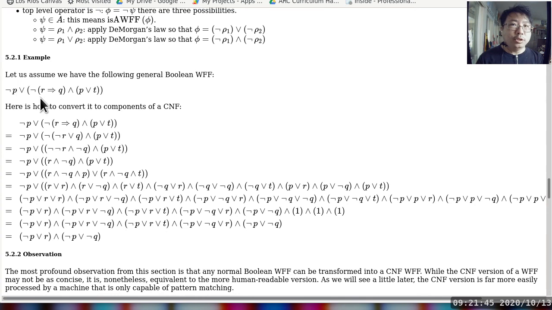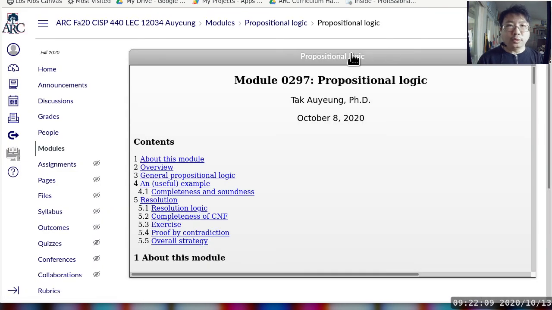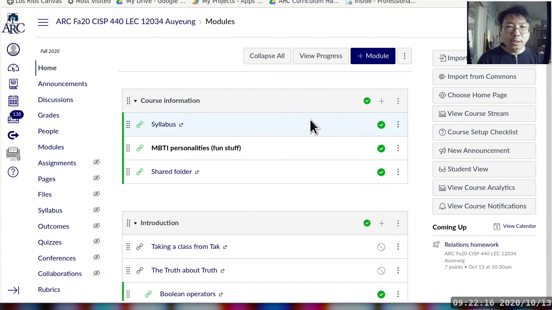This is the original expression, and by using Boolean algebra, we can define it as a conjunctive normal form. This is actually part of your homework assignment, and let me just go ahead and release it now. Your first homework assignment is to convert an expression into its conjunctive normal form.